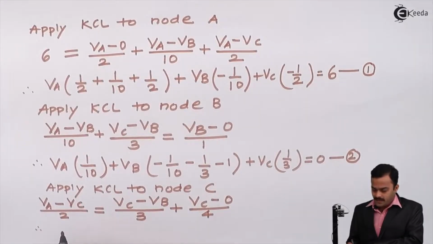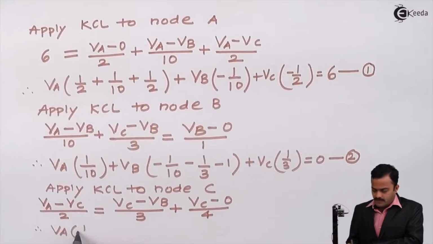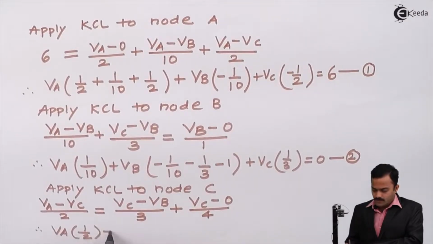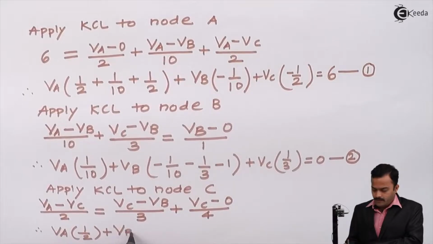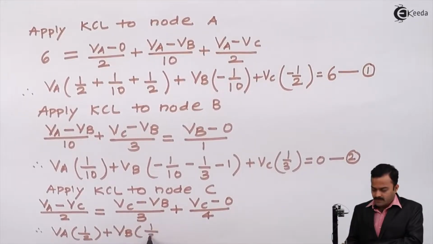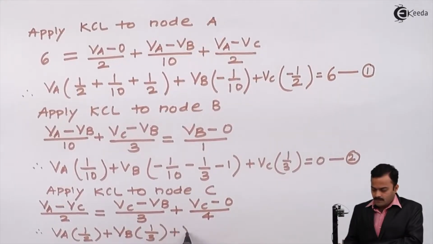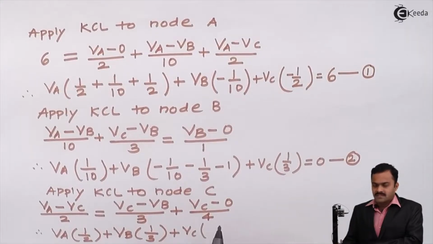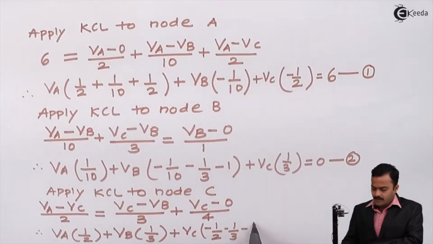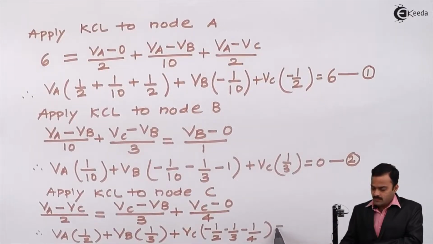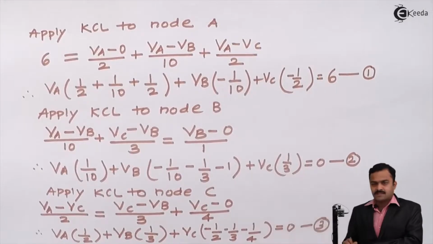After simplifying, I will get VA coefficient is 1/2, VB coefficient 1/3, plus VC coefficients are minus 1/2, minus 1/3, minus 1/4, constant term is 0, so equal to 0, equation number 3.